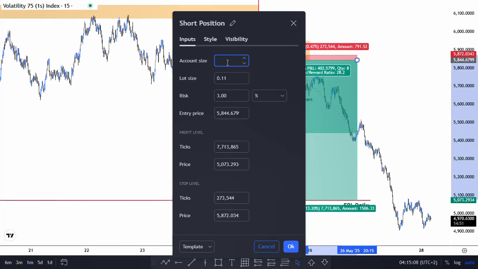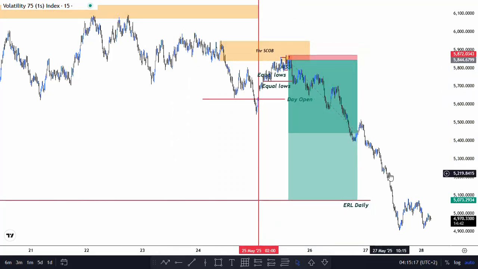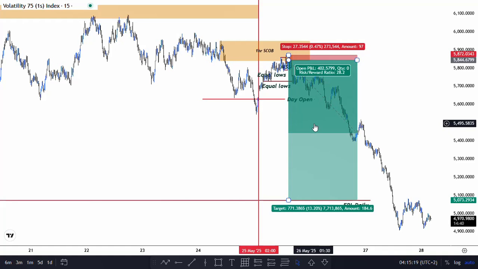Let's say $100 here. If you are risking 3%, 3% of $100, that's just $3.